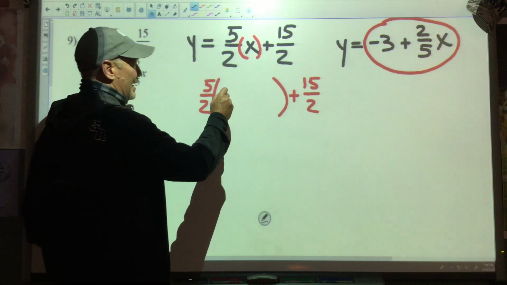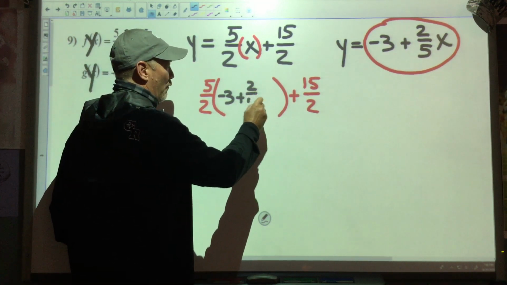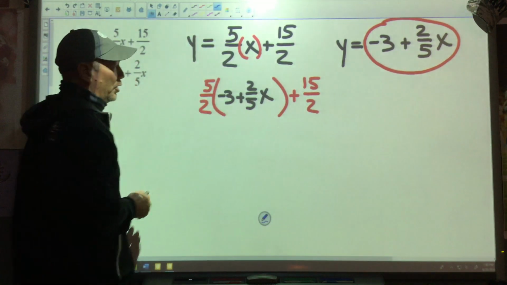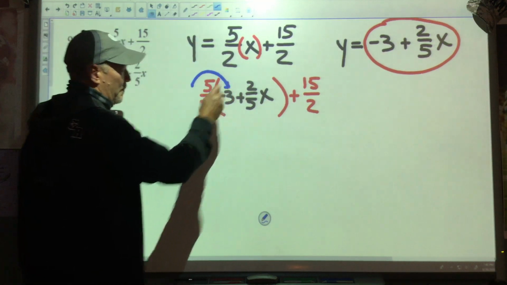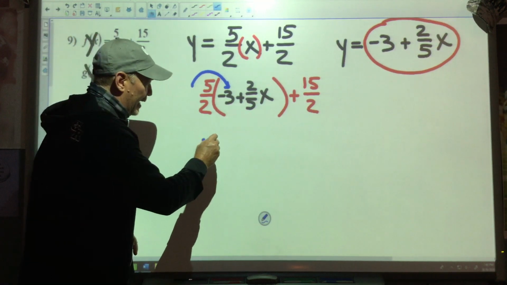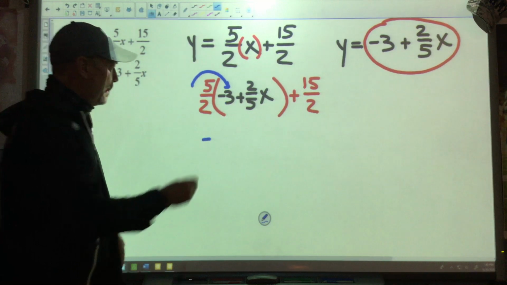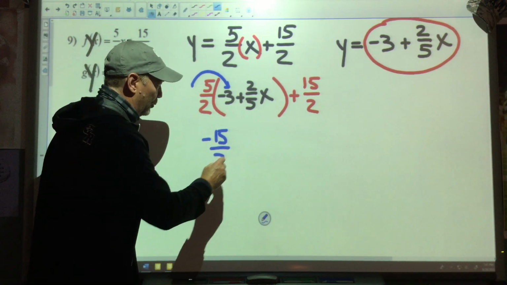We're going to say negative 3 plus 2 over 5x. So we're going to do some distributive property. We're going to multiply right here. Positive times a negative is a negative. 5 times negative 3 is 15 over 2.